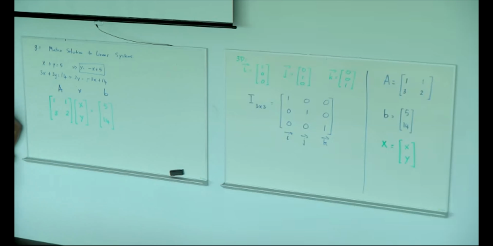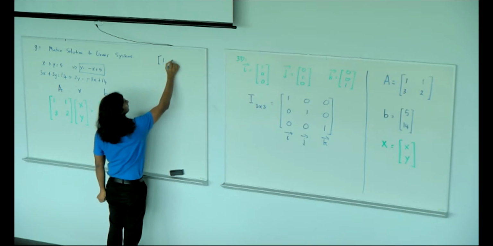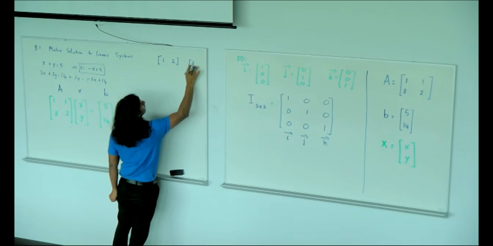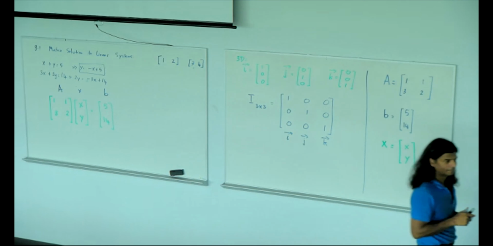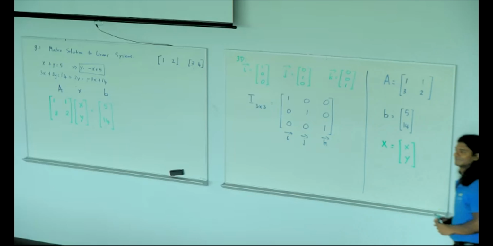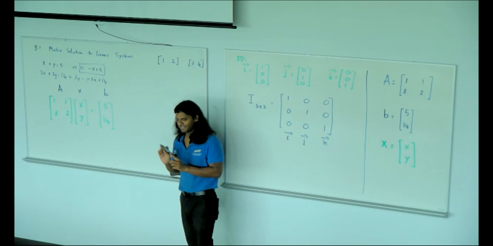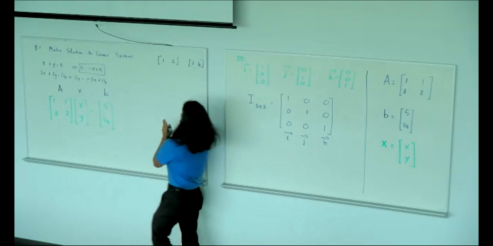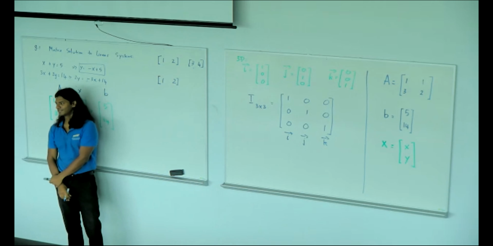Well, if you have two vectors, how do you find the dot product? What is the very first step that I suggested in finding the dot product? Keep the first one horizontal. What do I do to the second one?